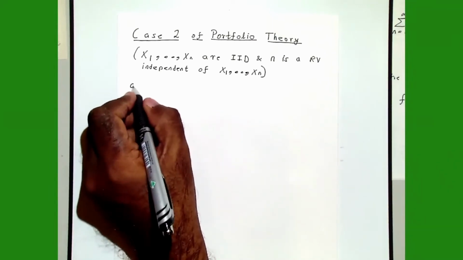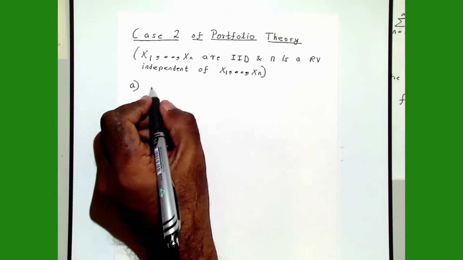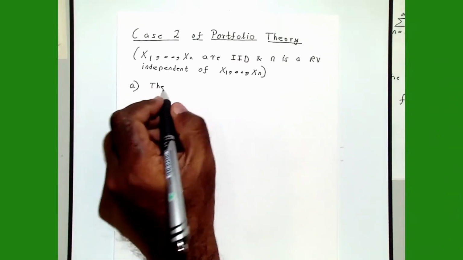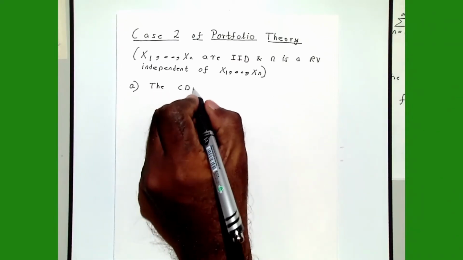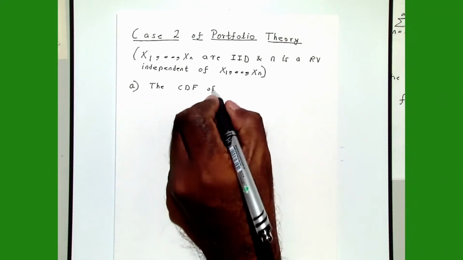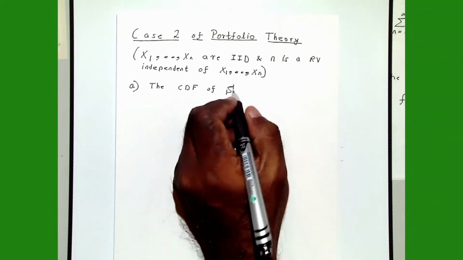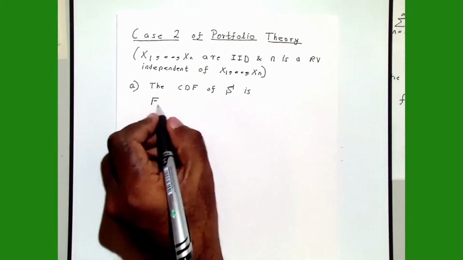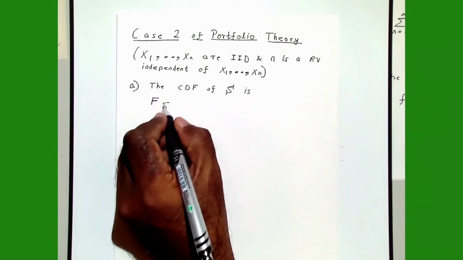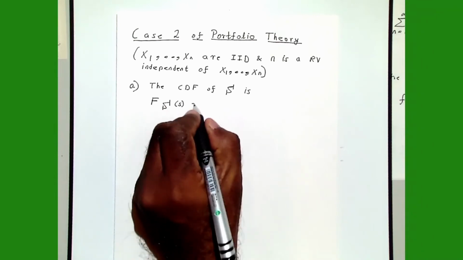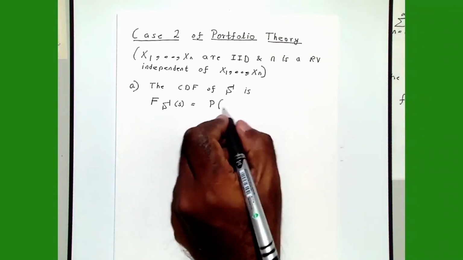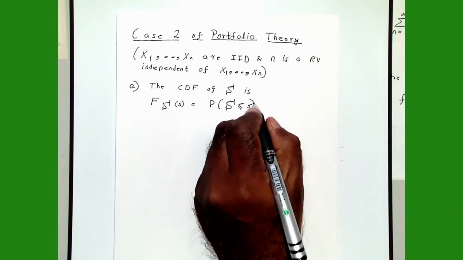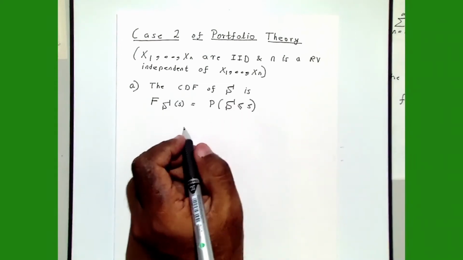All right, so let's consider the first variable, which is the total portfolio loss. The Cdf of S, which is the total portfolio loss, is given by, this is the notation I'm using, and by definition this is the probability that capital S is less than or equal to a fixed number.